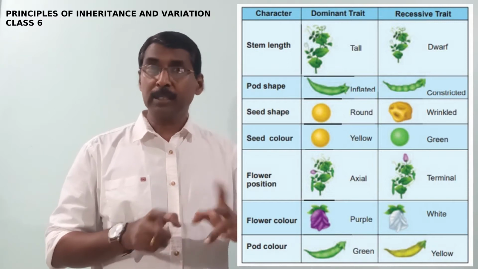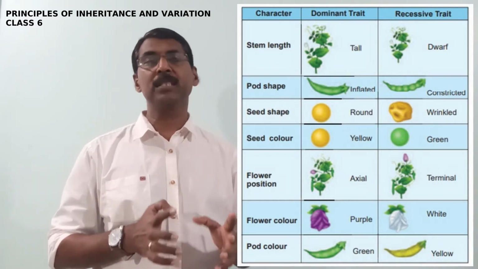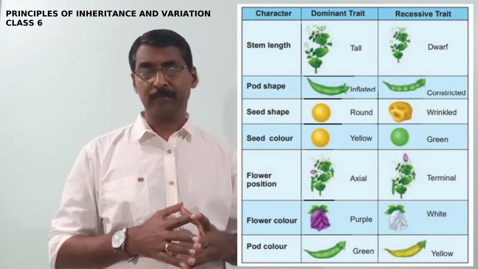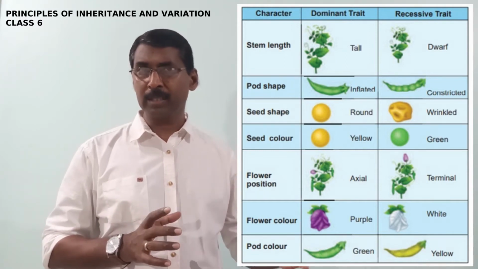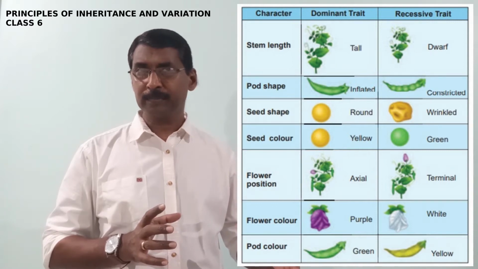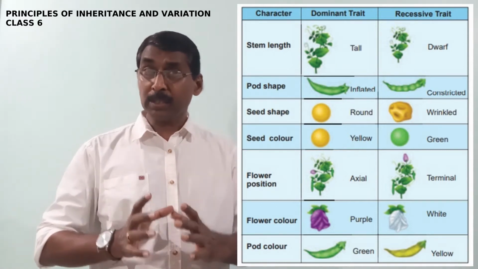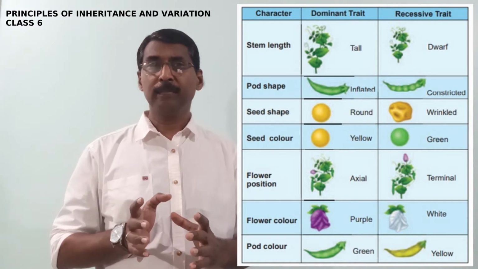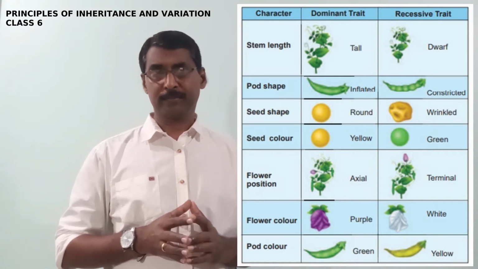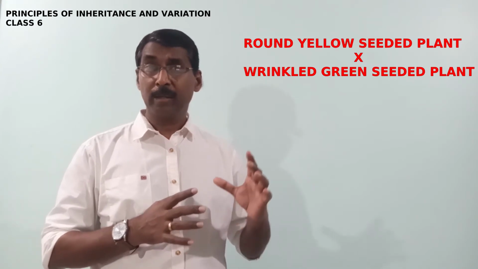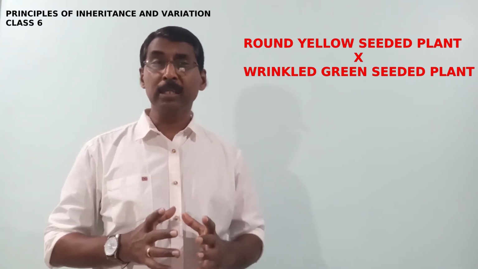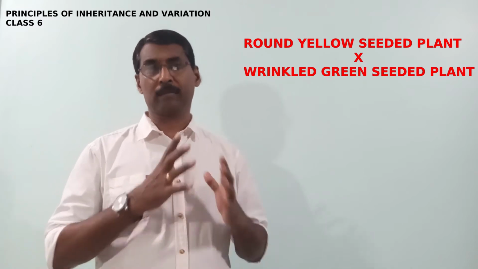Or two pairs of contrasting traits he selected. Round seeded pea plants and wrinkled seeded pea plants, or a pea plant with a round seed and yellow color crossed with a pea plant with a wrinkled seed and green color.